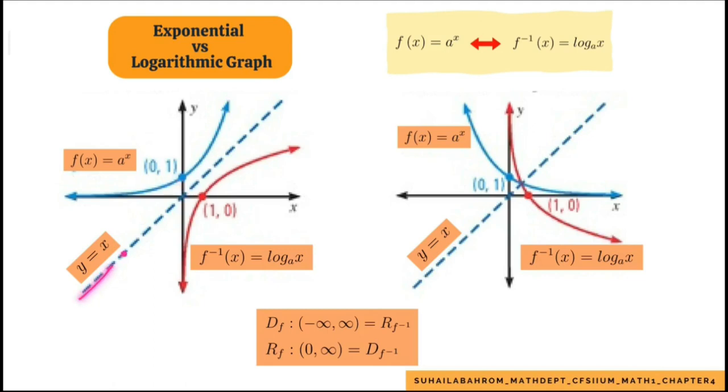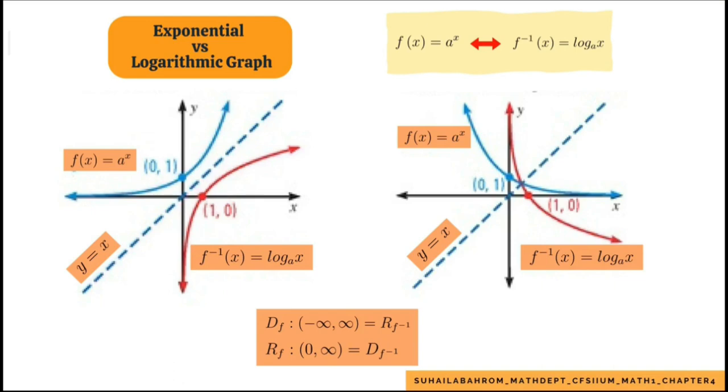And when we reflect this graph on the line y is equivalent to x, we will have this graph. Therefore, the coordinate (0, 1) will become (1, 0). So we have the function f inverse is equivalent to log x with the base a. The graph of the exponential function is reflected on the line y is equivalent to x.